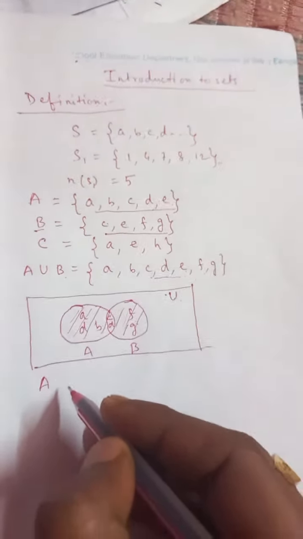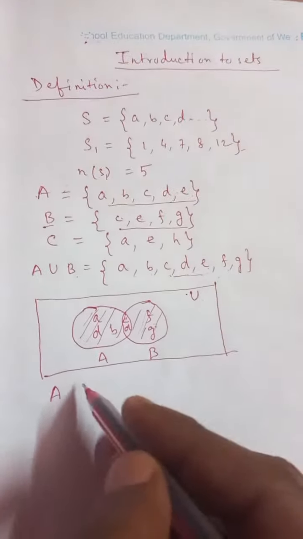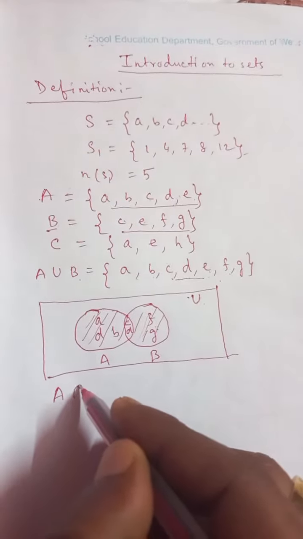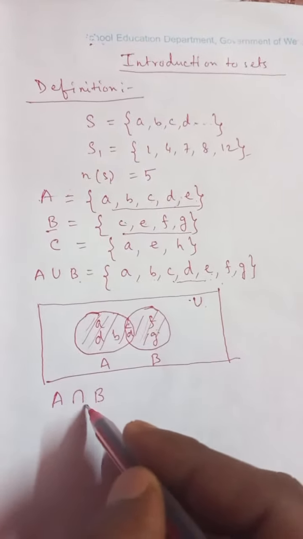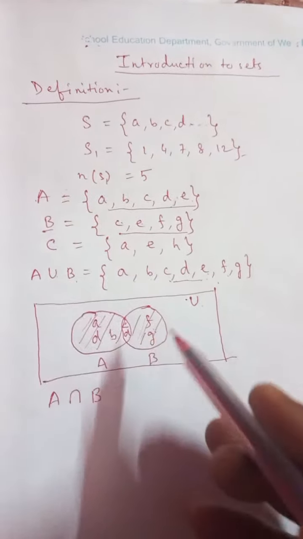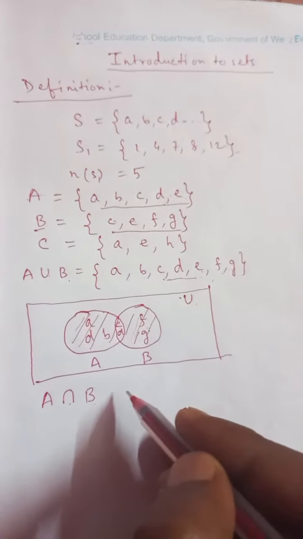Intersection can be written in this way. This is the lower cap, this is the upper cap. So through the lower cap the intersection is symbolized.